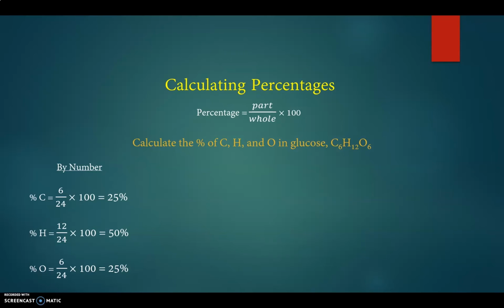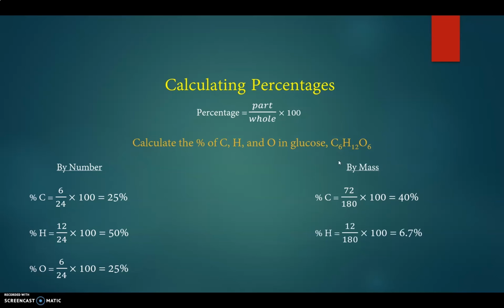Now the other way, of course, is we could base it on mass. We could weigh the various elements in there. So for carbon, we have 6 moles of carbon times 12 grams per mole. That's 72 grams. If we add the 12 moles of hydrogen and the 6 moles of oxygen, we get a molar mass of 180, and that gives us 40% carbon.